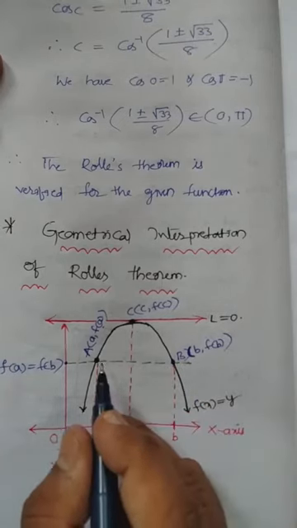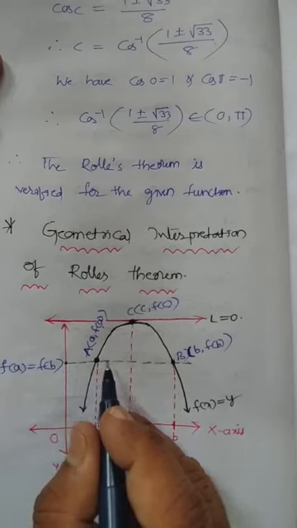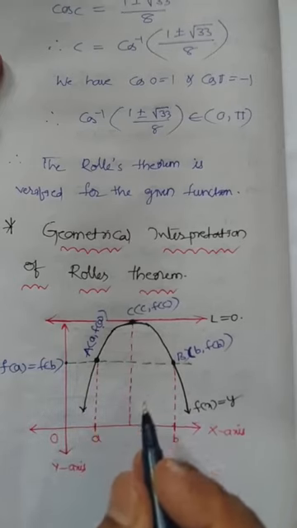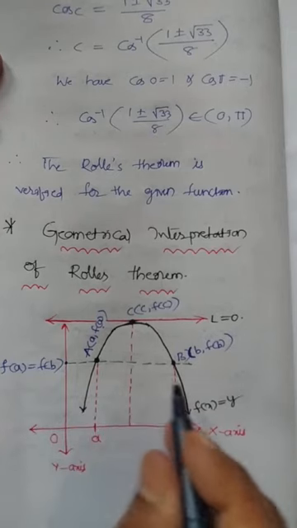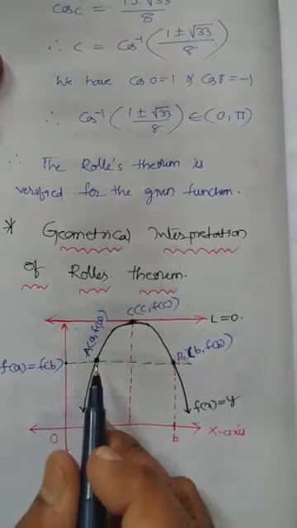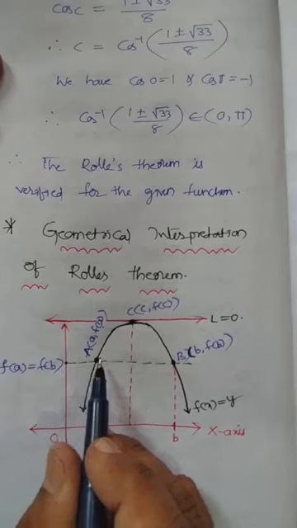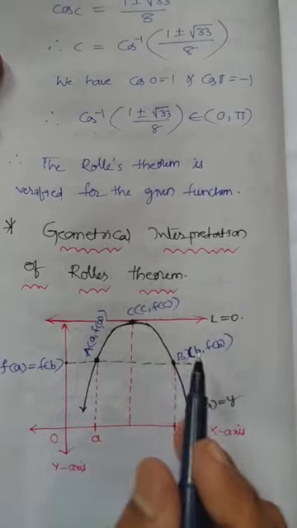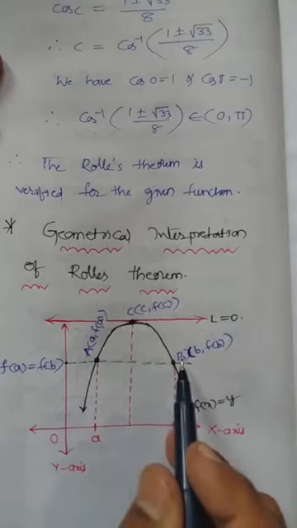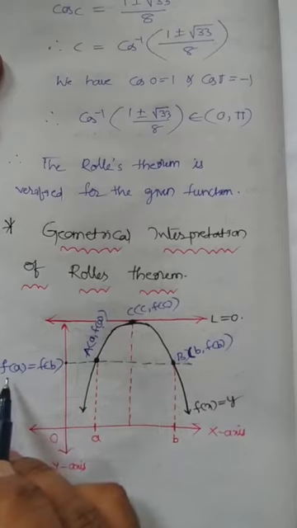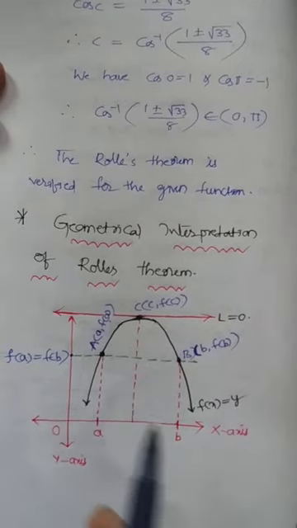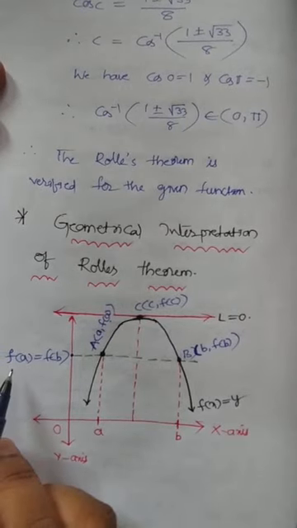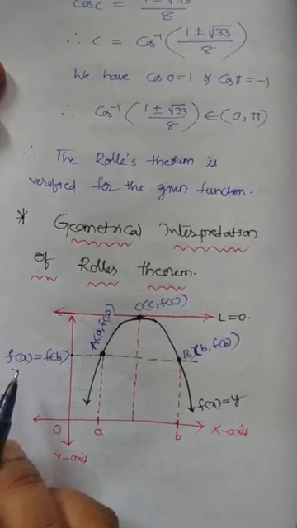Whereas the AB bar line is parallel to x axis. AB bar line is parallel to x axis means what it is? Both the y coordinates of the A and B point on the curve are what now? Equal. Means what it is? F of A is equals to f of B. Means our first condition is what now?